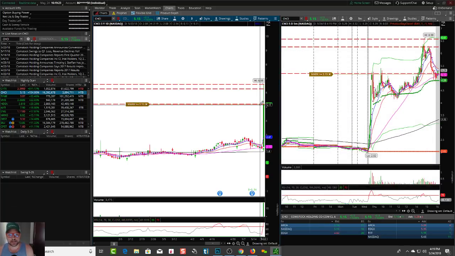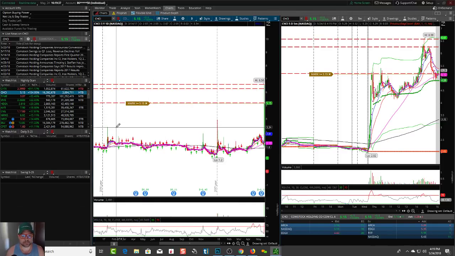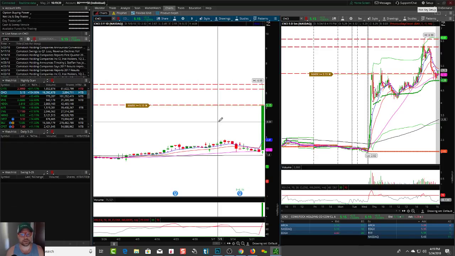So again, you want to see continuation above the 515. This is all going to be resistance within this candle wick. Obviously, it'll be volatile. If this breaks down below 515, then it could go timber, right? It could fall down. You can see it's a pump and dump, right?